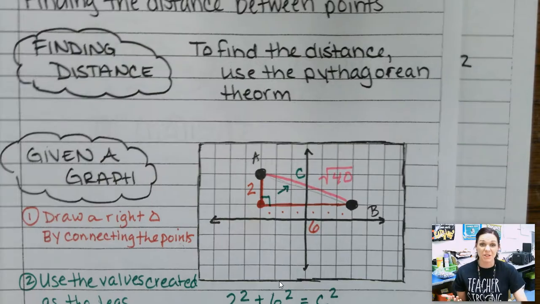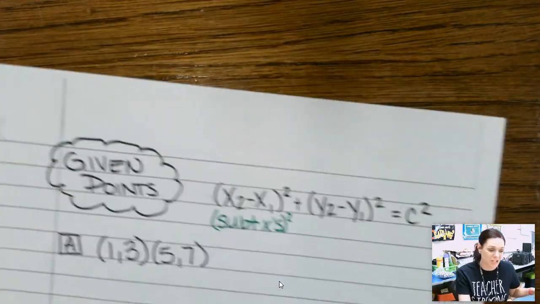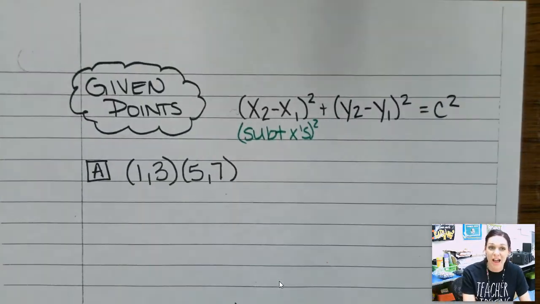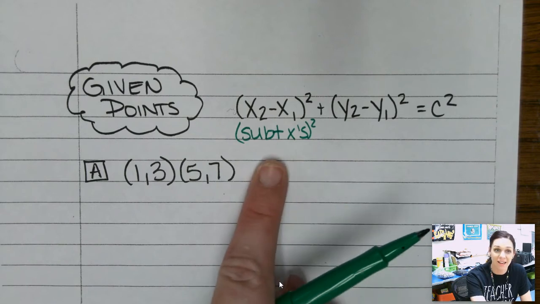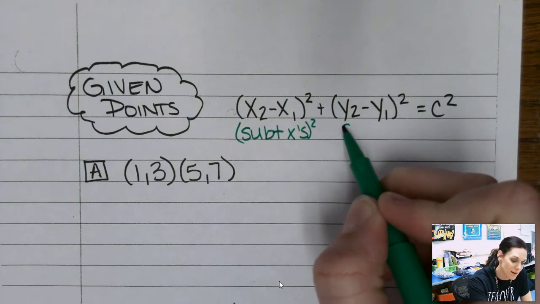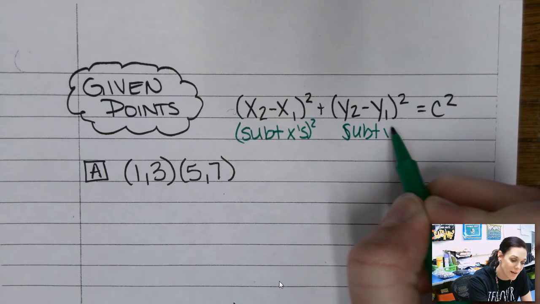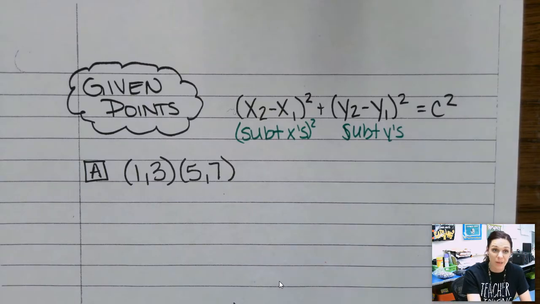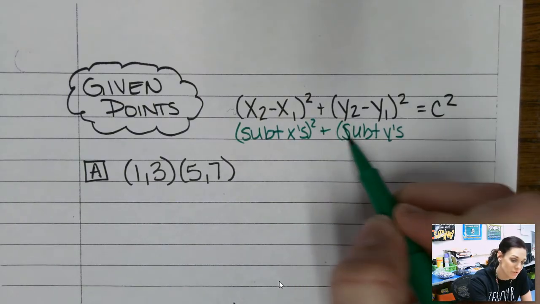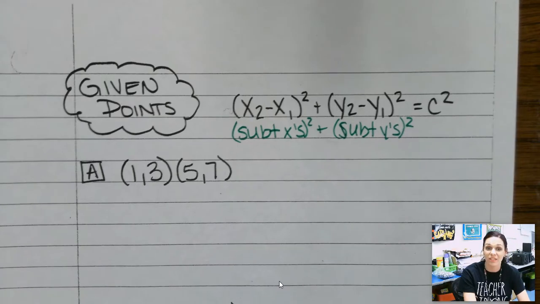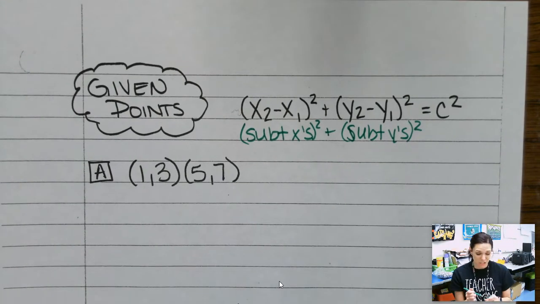So instead of counting the squares, we're just using subtraction. We subtract our x's to get leg A. We then subtract our y's to get leg B, and then we plug those values into the Pythagorean theorem. So nothing has changed about what we did, just instead of counting squares, we're using subtraction.